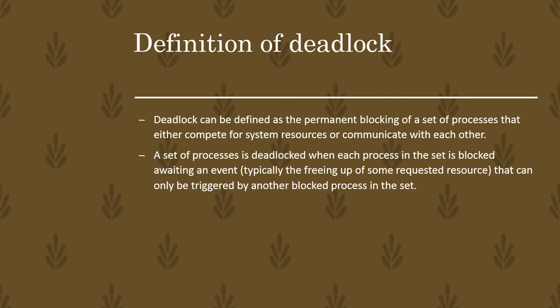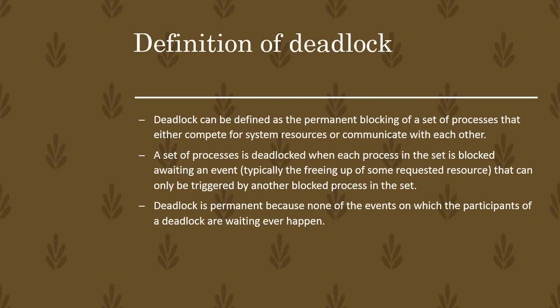A set of processes is deadlocked when each process in the set is blocked awaiting an event, typically the freeing up of some requested resource, that can only be triggered by another blocked process in the set. Deadlock is permanent because none of the events on which the participants of a deadlock are waiting ever happen.